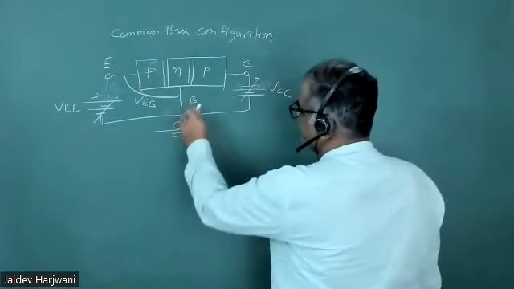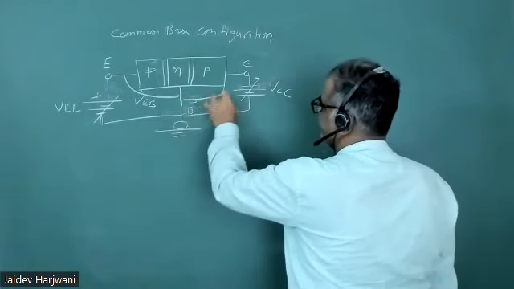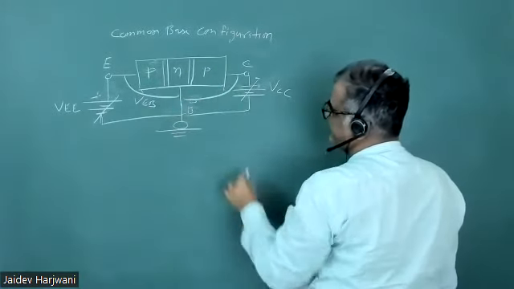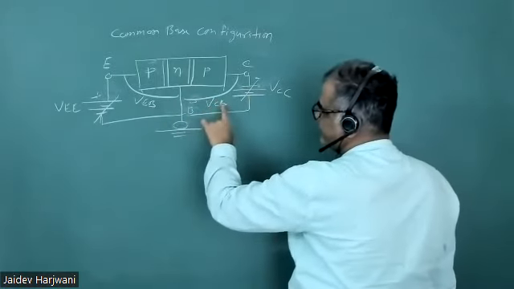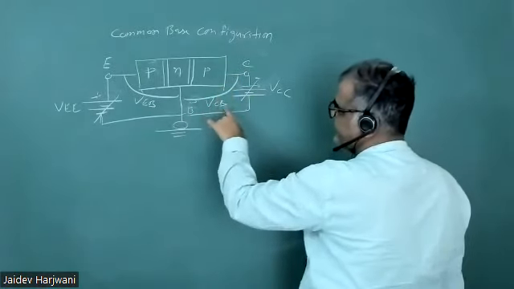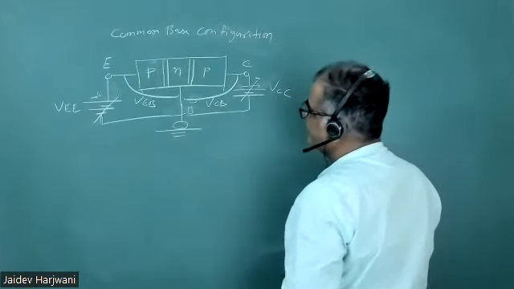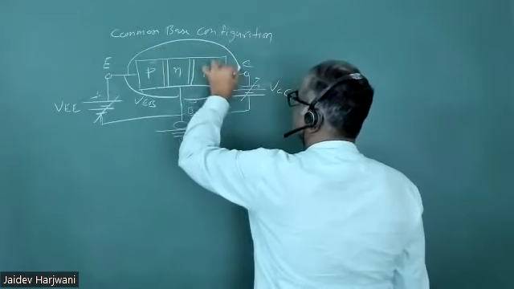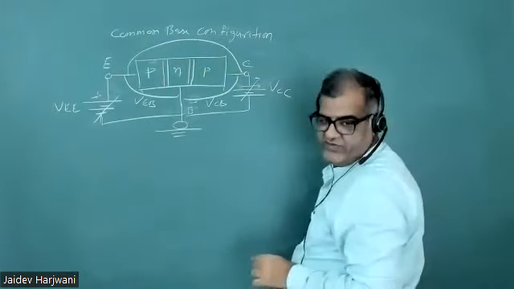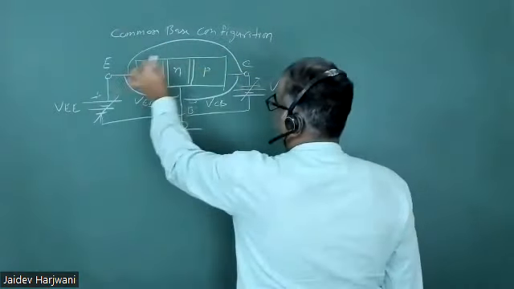And the voltage drop between base and collector will be VCB. Since B is common, the voltage of C with respect to B will be VCB. And if I connect the voltage of this one, that is called VCE.